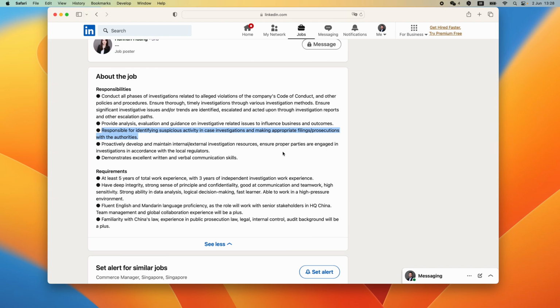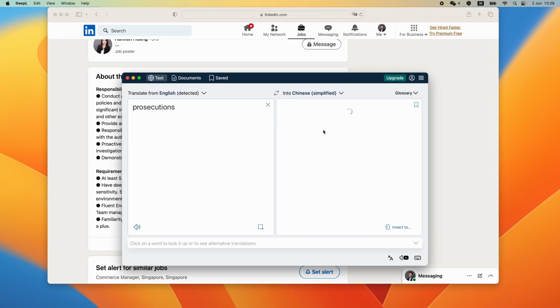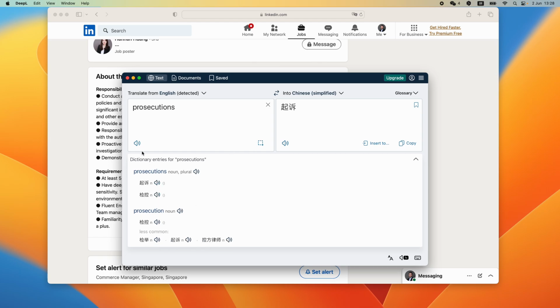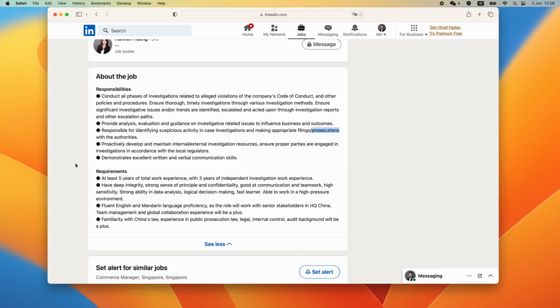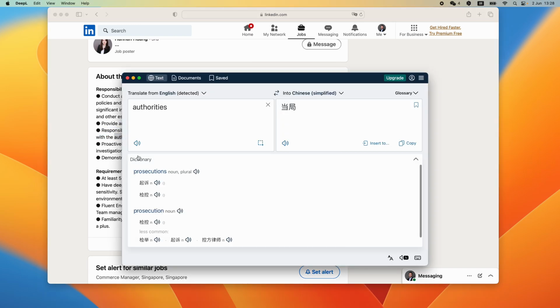the investigation and making appropriate filing and prosecutions to take on the workflow, all of these workings with the authorities.